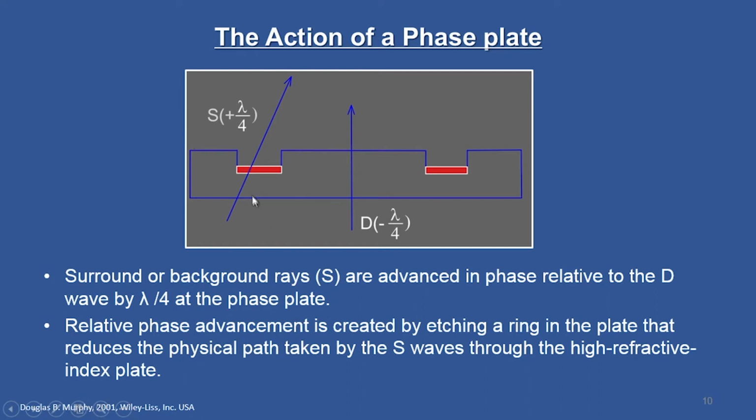What is etched here is an annulus, which is circular; it is a cross section, that is why you are seeing it in this view. So, what it does is reduce the physical path taken by the S waves through the high refractive index plate.